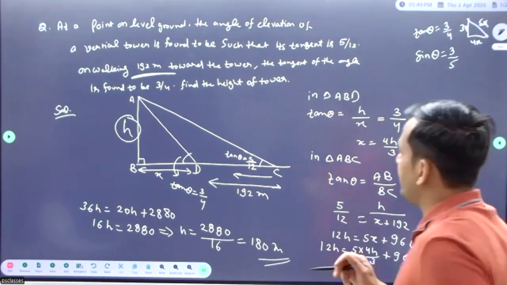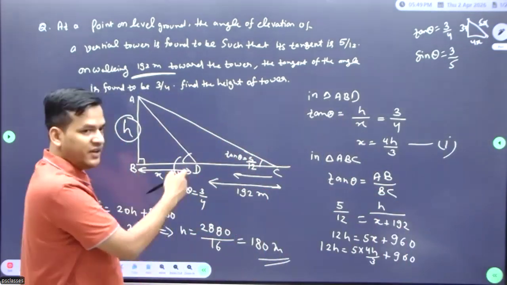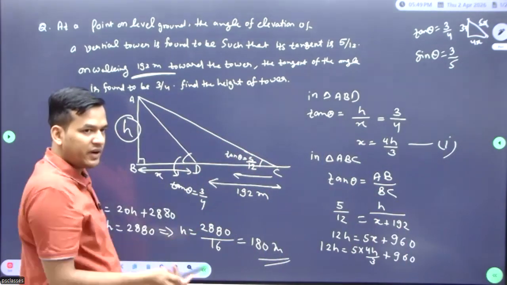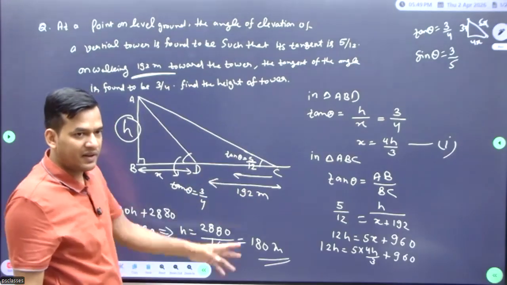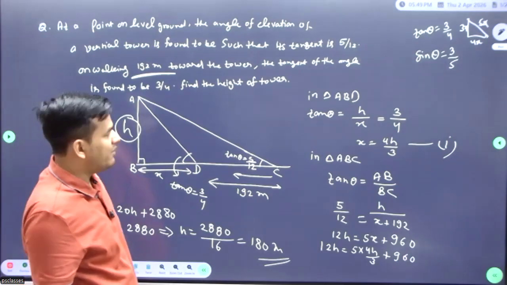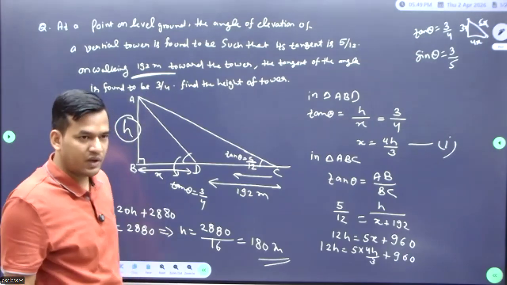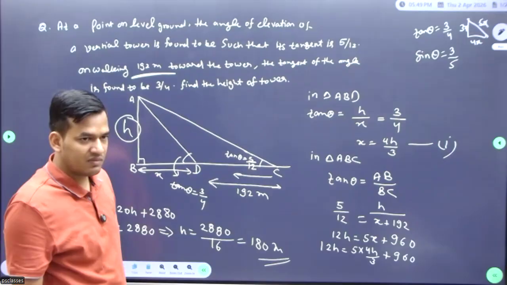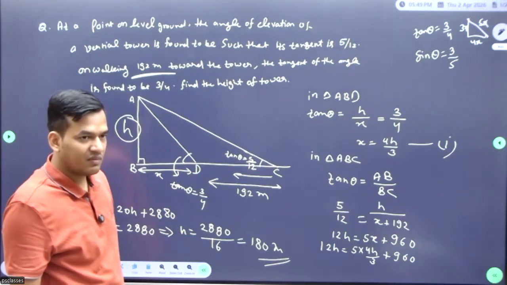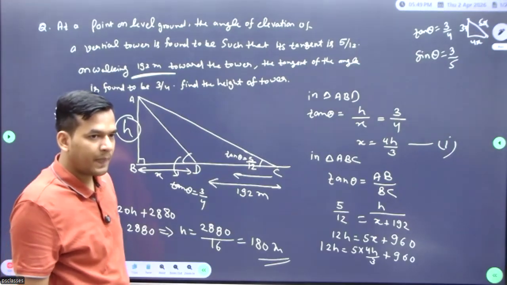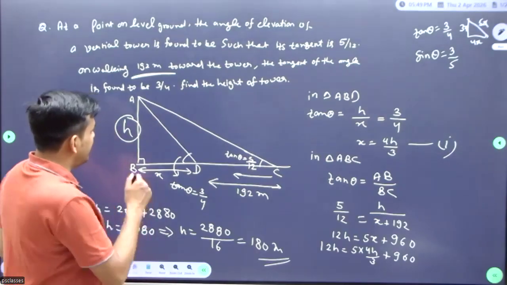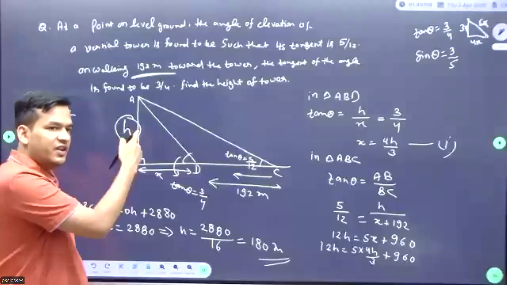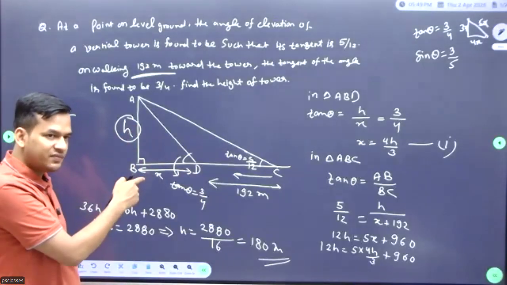So there are two right angle triangles only now. First triangle is ABD and the second triangle is ABC. Only two triangles. We have to take both of them now. Then only we can find the value, because there are two variables, h and x. So we need two equations. From this triangle ABD, we'll get a relation between h and x.